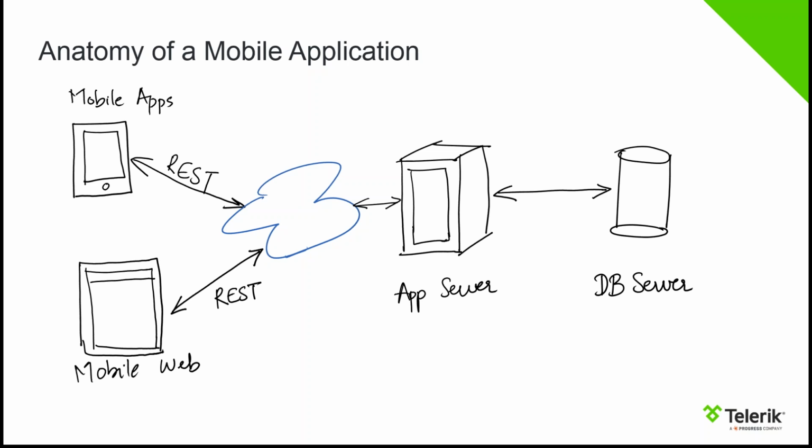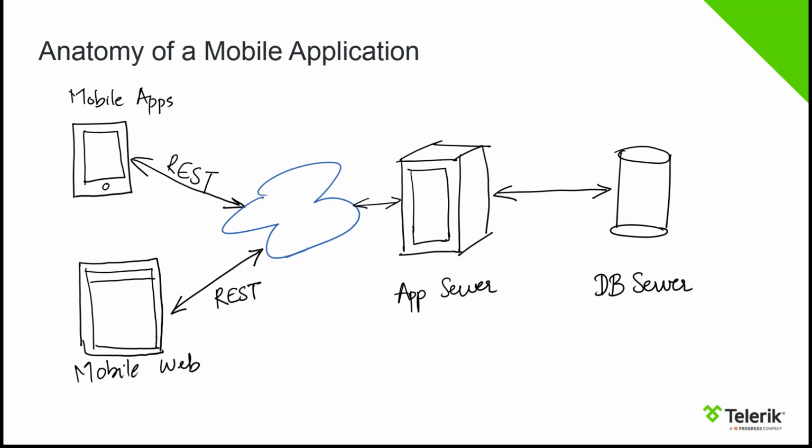You may have come across terms like AJAX. AJAX is the way you would actually be making these calls, but ultimately the data being transferred is over REST. Even a mobile web application, while rendering its data using HTML, may actually be gathering its data from the backend database server using REST calls.